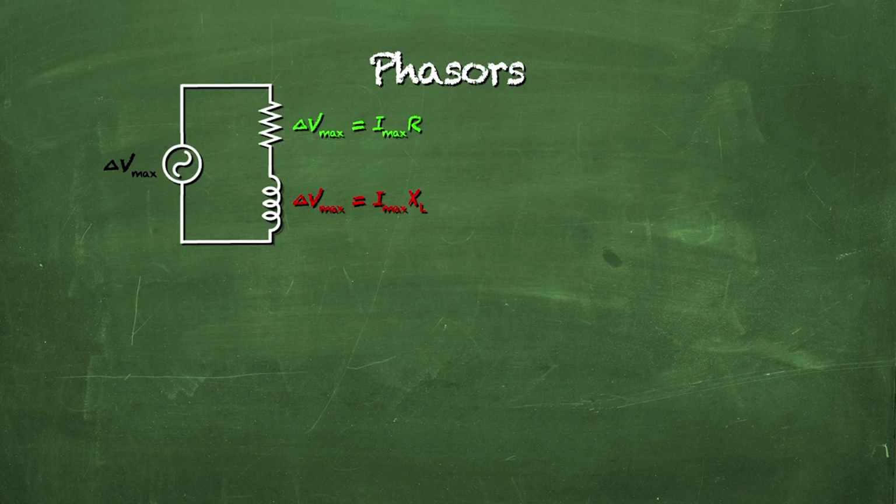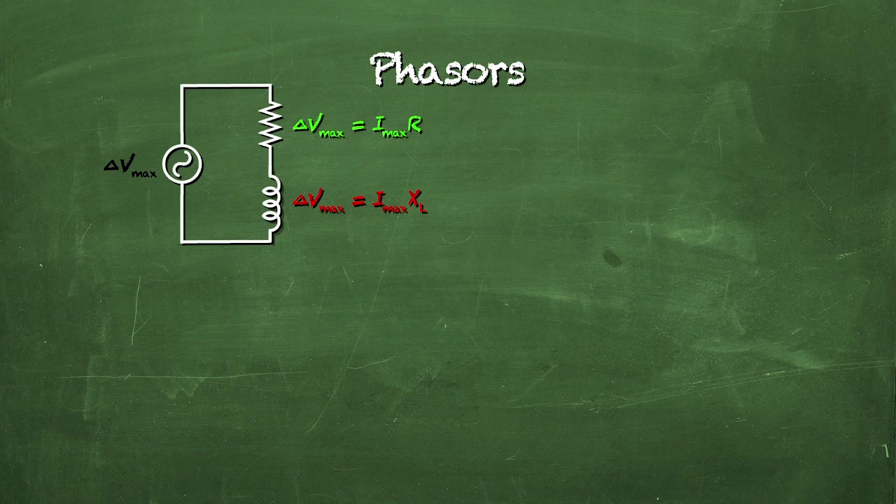The alternating voltage supply has a maximum voltage of delta V max. We have a resistor in series with an inductor. The maximum voltage across the resistor is delta V max is equal to I max times the resistance. The maximum voltage across the inductor is delta V max is equal to I max times X sub L.